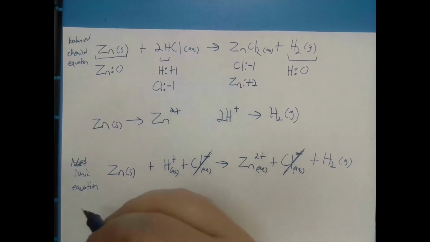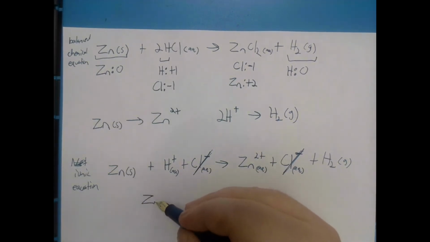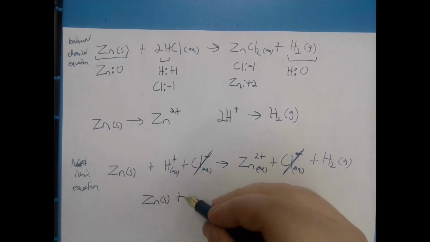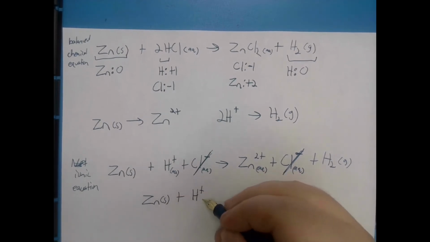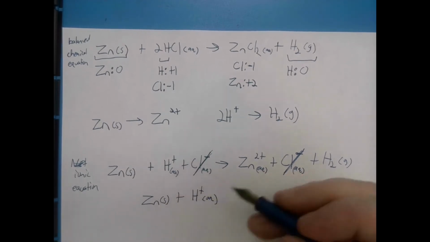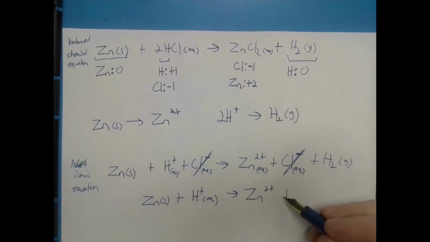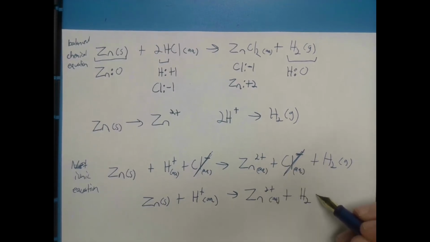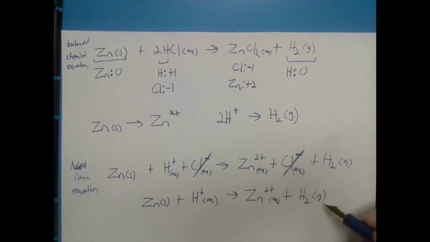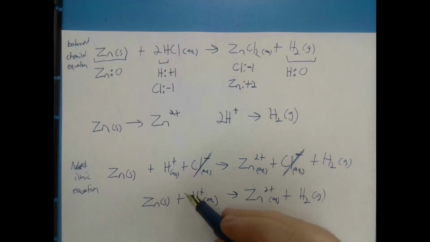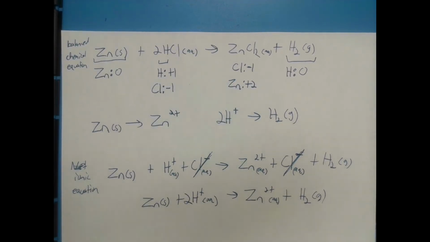So our net ionic equation is zinc solid plus H plus goes to zinc 2 plus, which is aqueous, plus hydrogen gas. We have to still balance it. We need 2 hydrogen here to make the hydrogen gas over here.